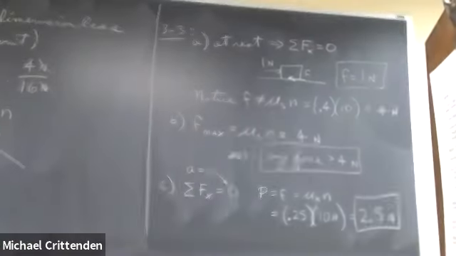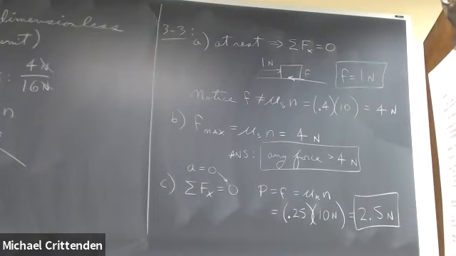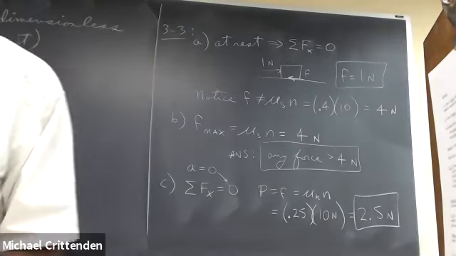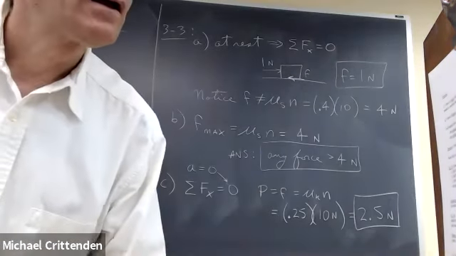So you need around 4 newtons somewhere to get it started, but then once it's started, you only have to pull with 2.5 newtons to keep it going. If you keep pulling with 4, it'll accelerate.